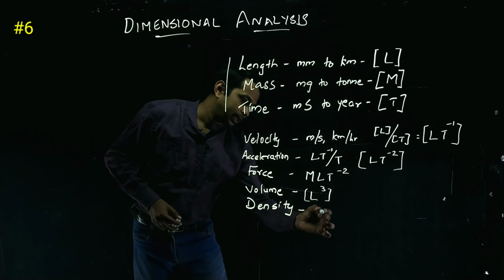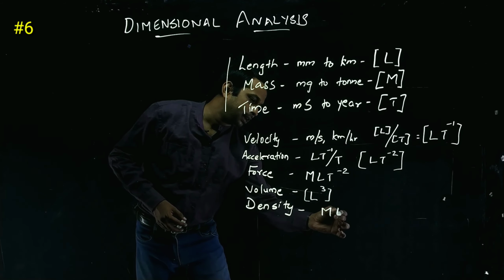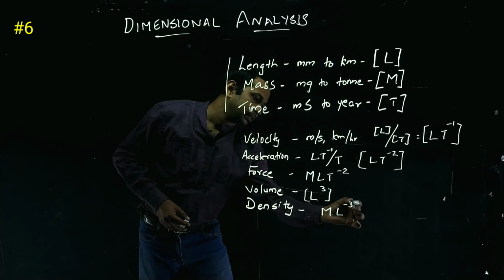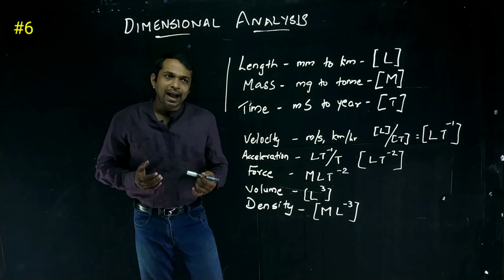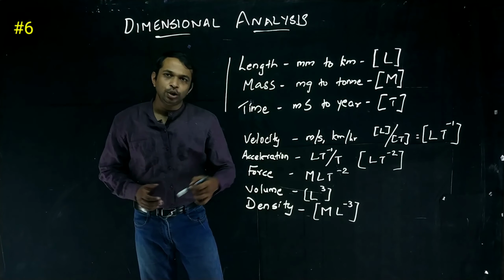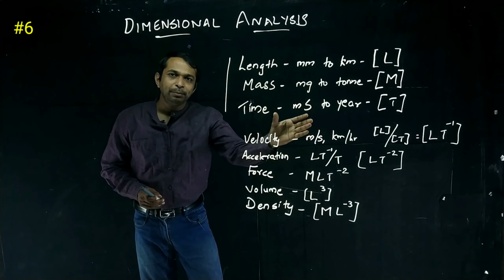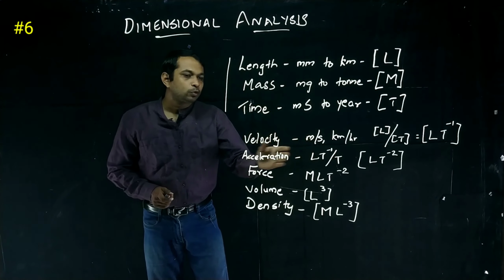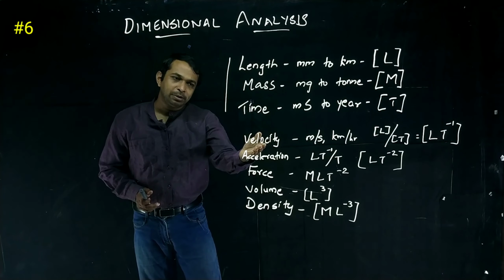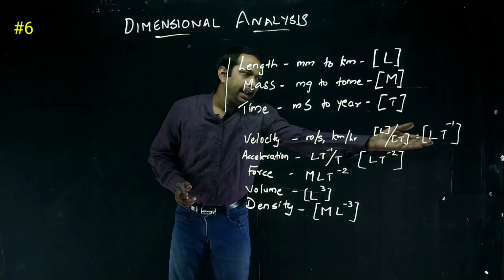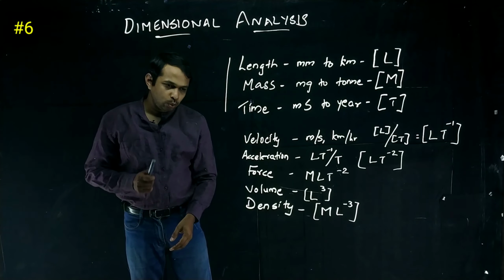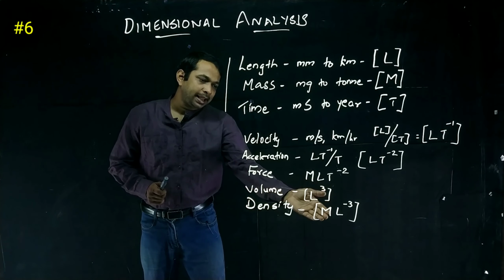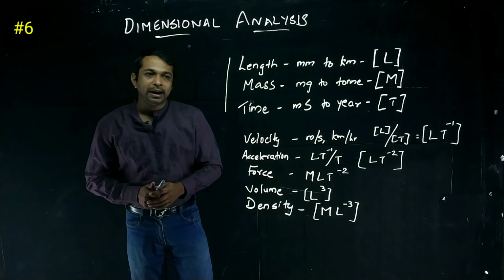Mass by volume, ML raised to minus 3. So here I have written all these units in their dimensional formula. What is the dimensional formula of velocity? It is LT raised to minus 1, and for density it is ML raised to minus 3.